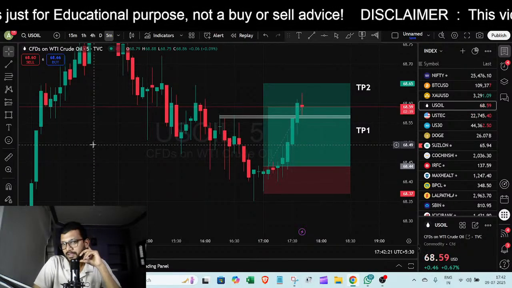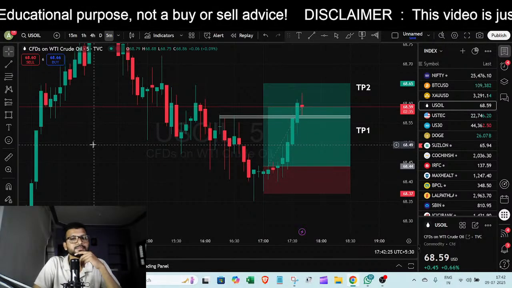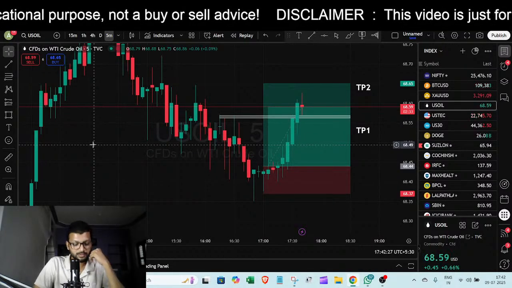Just one more spike, we will be out of this trade near to our TP2.